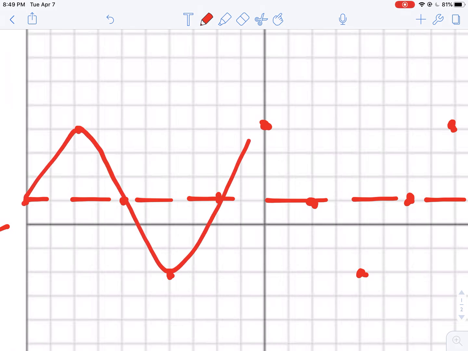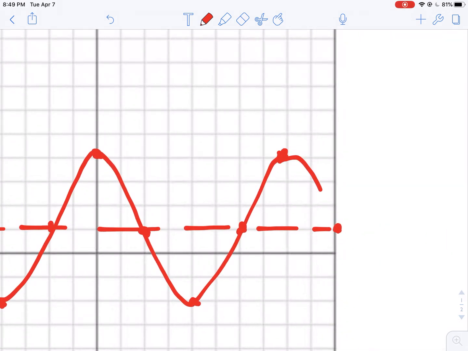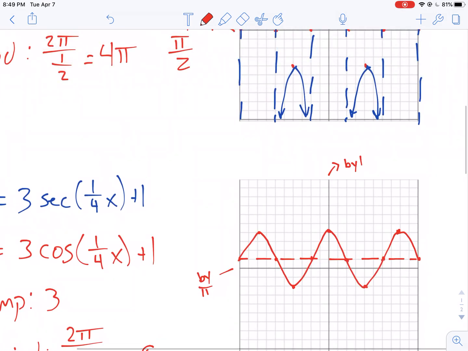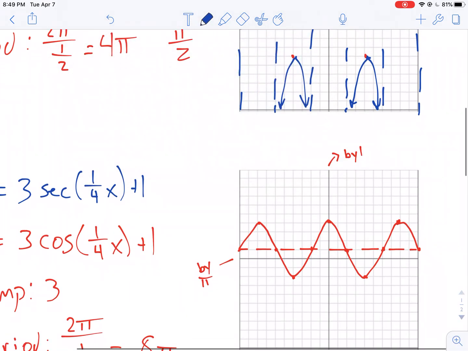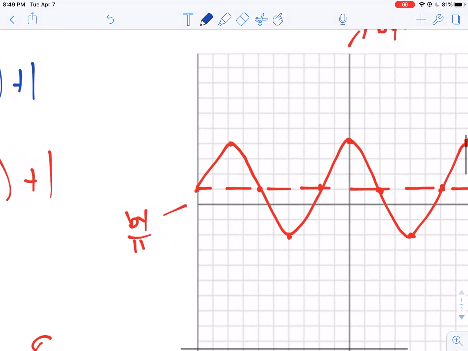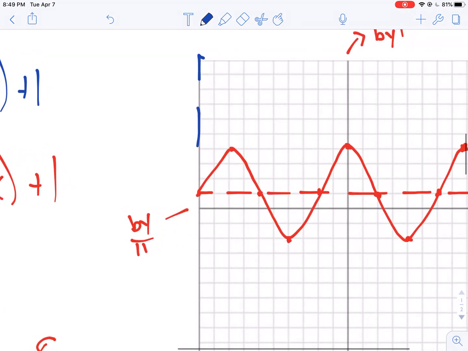And then I can draw that cosinusoidal wave. And then I'll draw my vertical asymptotes.